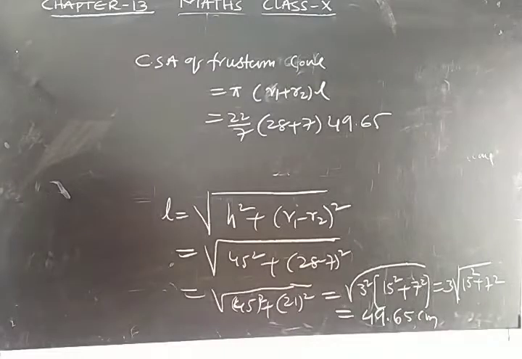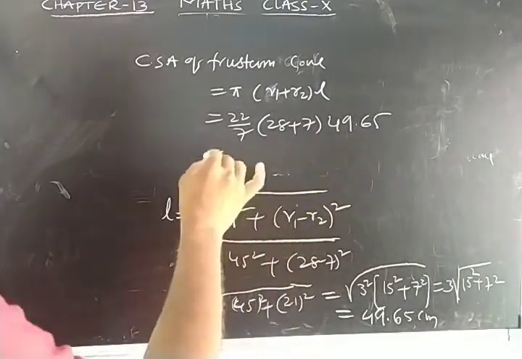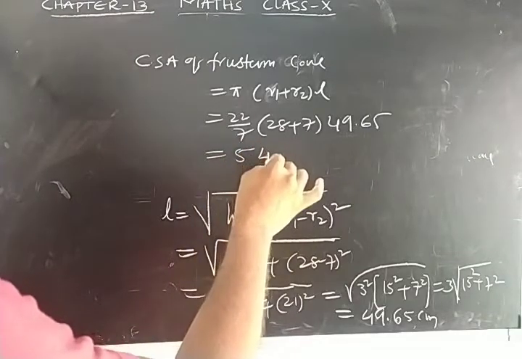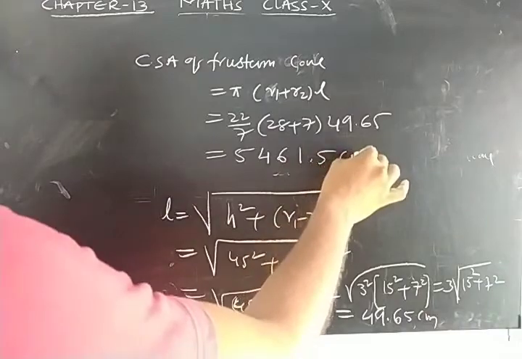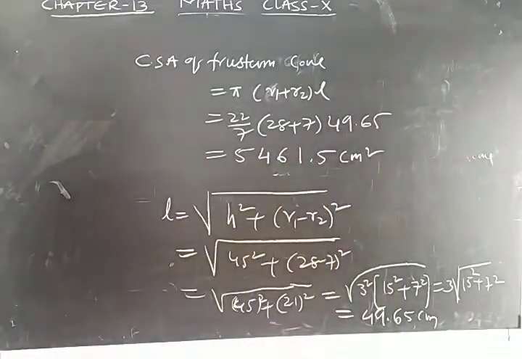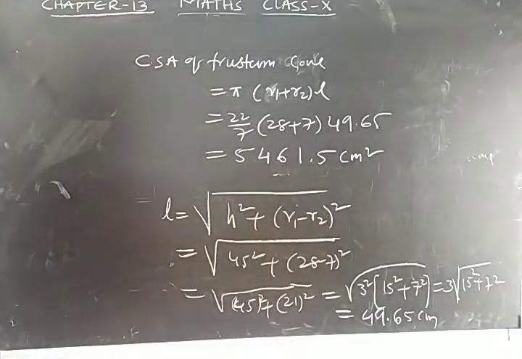This is the formula for the CSA of the frustum cone. I substituted the values, and after simplification you will get 5461.5 centimeter square, the CSA of the frustum cone.